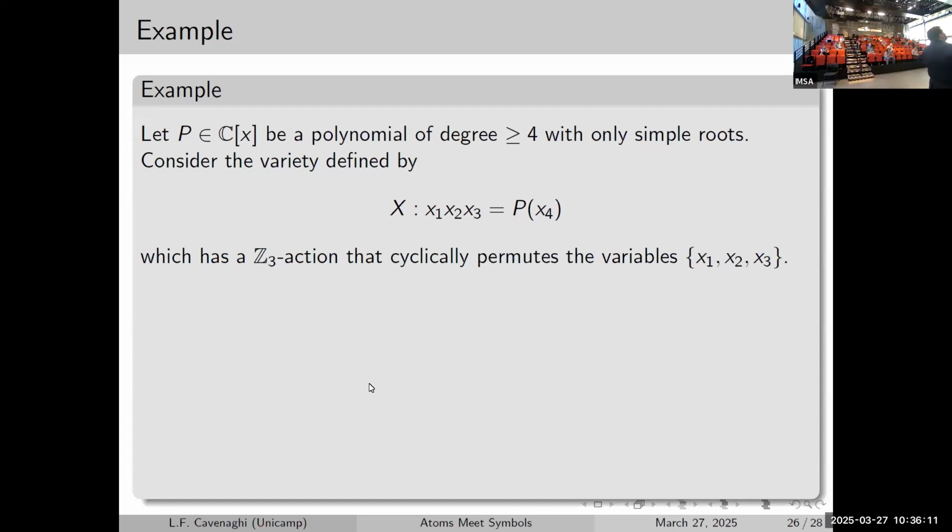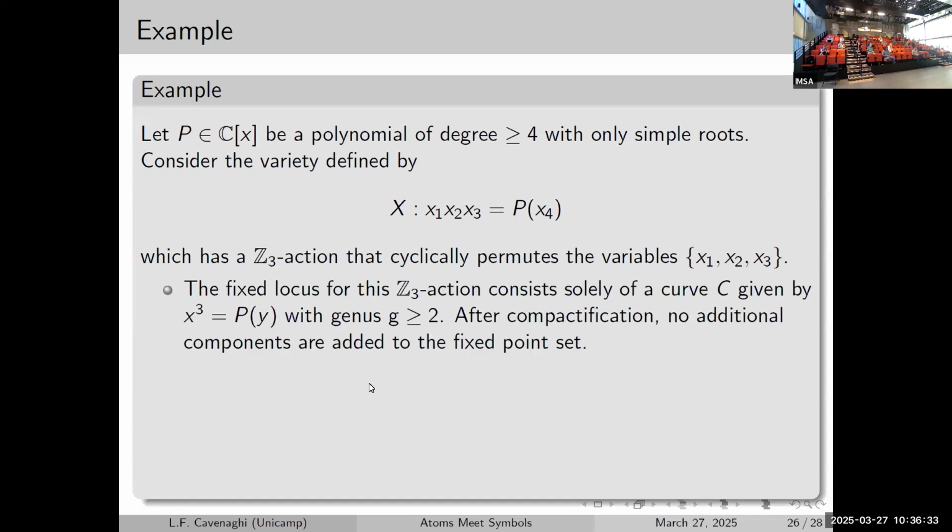So you pick a polynomial of degree greater or equal to 4 with only simple roots. Then you consider the variety defined by this equation. There is a very natural way to define this action on this variable: if you pick this x1, x2, and x3, you just simply fill with them.